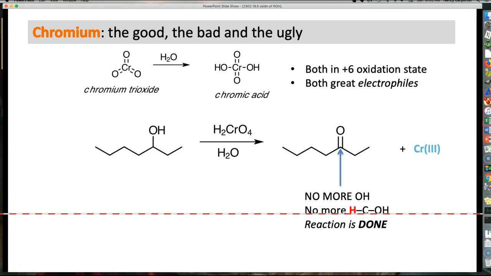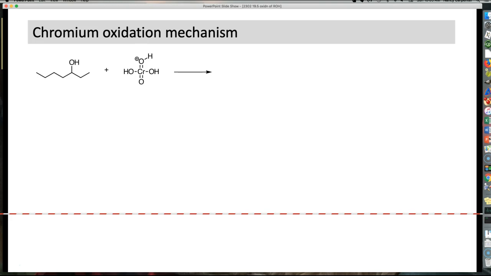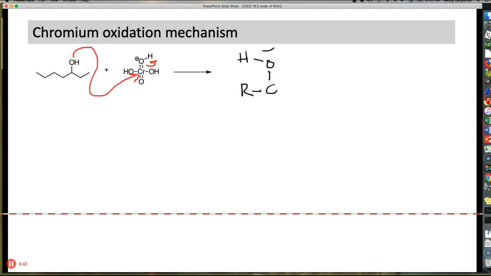Alright, and the byproduct here is the reduced chromium, which we will see as we look at the mechanism in a little bit more detail. So chromic acid is really acidic, and my nucleophile is going to attack my electrophilic chromium to give me, and now I'm just going to go like so to keep it simple.